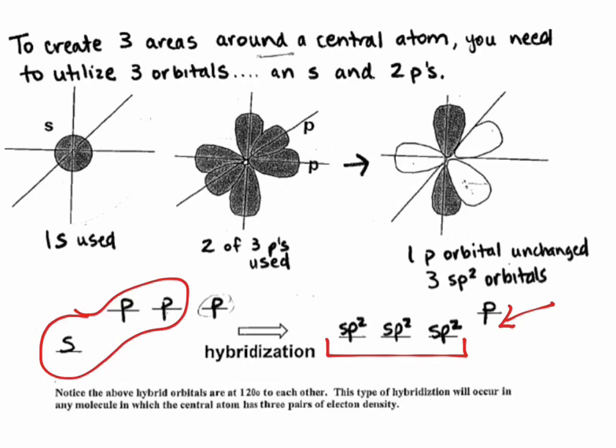Looking at this hybridized, these clear, blank ones are our 3 sp2 orbitals, and the angle between those is 120.